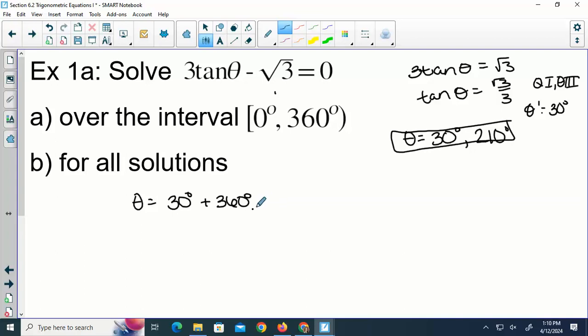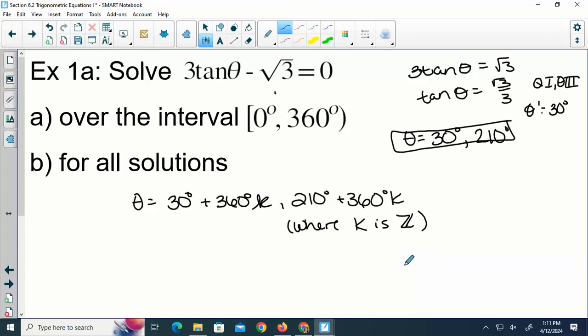So with that, we put a K. K is an integer. Okay, double bar Z means integer, so it has to be like -1, -2, -3, 1, 2, 3.